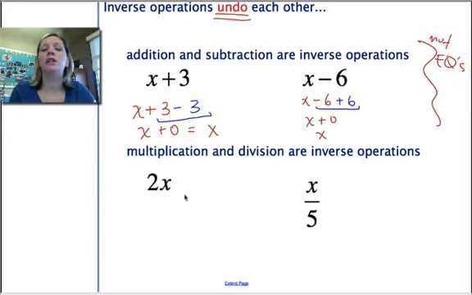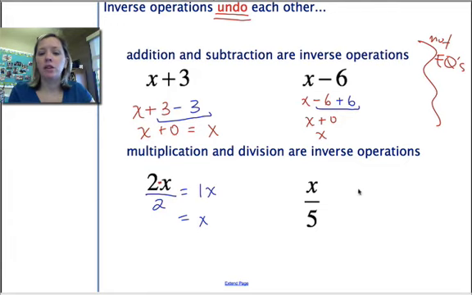Let's look at multiplication and division. They're also inverse operations. So here we have multiplication, 2 times x. So if I wanted to undo that multiplication, I would divide by 2. And then I can think, well, 2 divided by 2 is 1. So if I simplify this, we'd have just 1x.